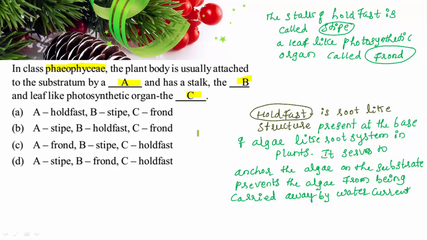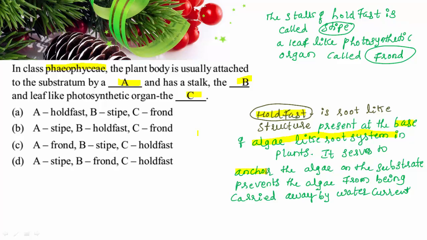What is the character of Phaeophyceae? Here the roots are absent. Instead of that, a root-like structure is present, which is called holdfast. And this holdfast is present at the base of the algae like a root system, because roots are absent. Root-like structures are present, and this holdfast serves to anchor.